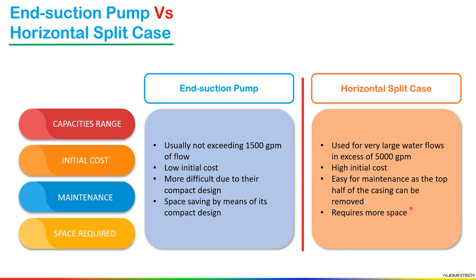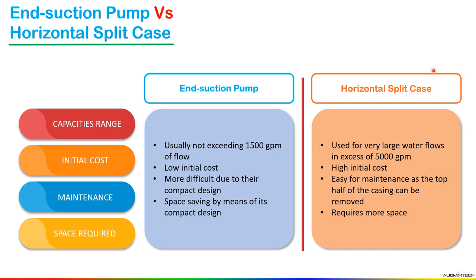But the only one disadvantage is that the space requirement is more for the horizontal split case pump as compared to the end section pump. But the one advantage of the end section pump is that it is space saving. Remember, the only advantage of the end section pump is that it is space saving by means of its compact design, while the horizontal split case pump requires more space.